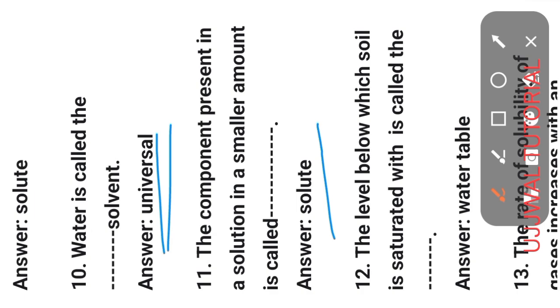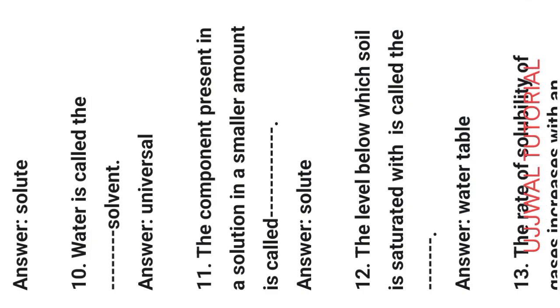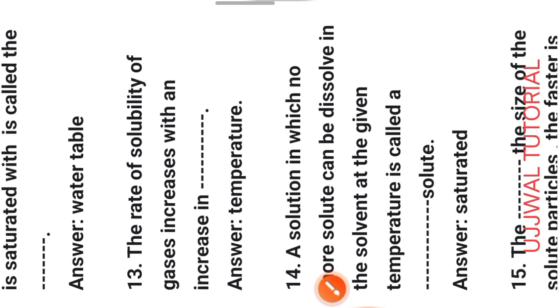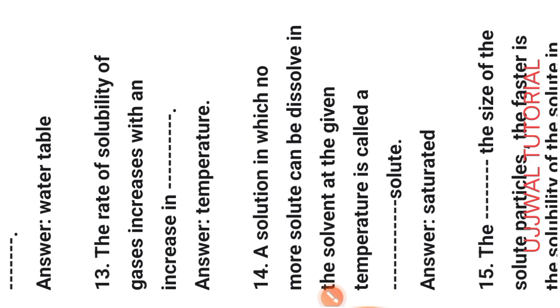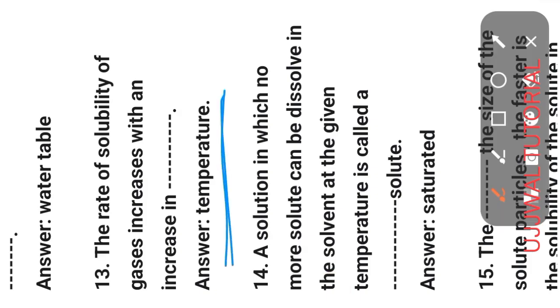Next question, question number 12. The level below which soil is saturated with water is called the water table. Next question. The rate of solubility of gases decreases with an increase in temperature.